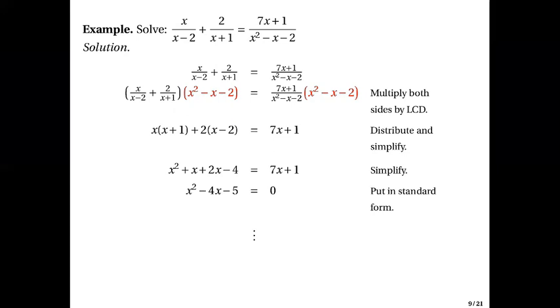And then in here, we factor or we use the quadratic formula, it's up to us. Well, actually, it's up to you. But in an exam or a quiz, you will be asked to use a method. If I ask you to use the quadratic formula, then use the quadratic formula.